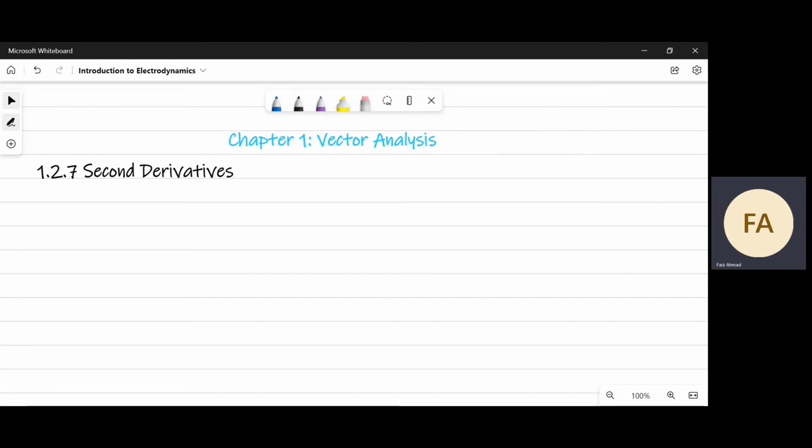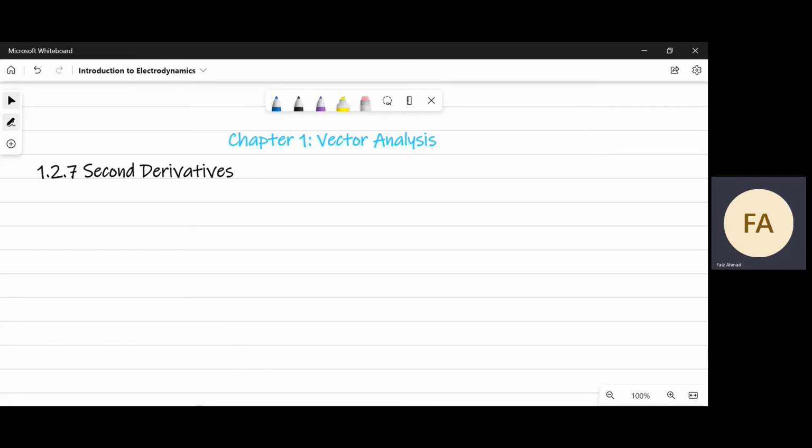We have three different types of first order vector derivative: gradient, divergence and curl. And we can make five species of second derivative from those.